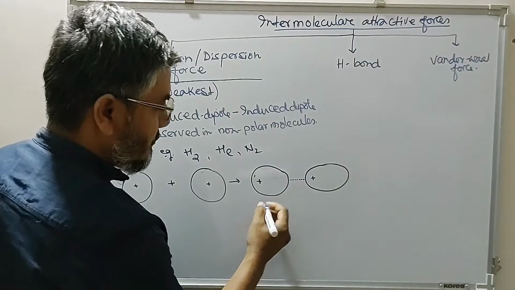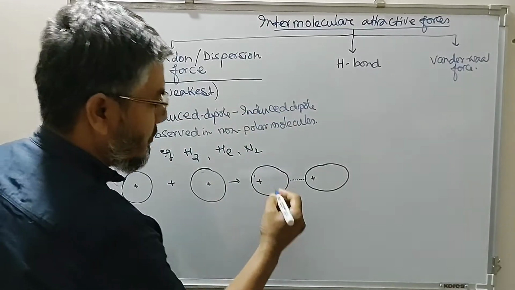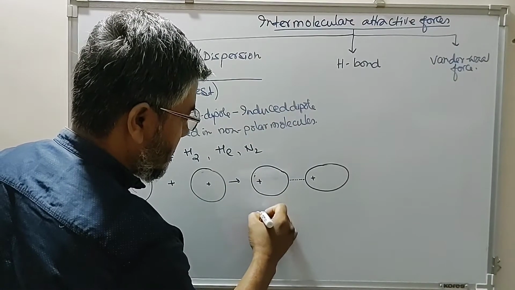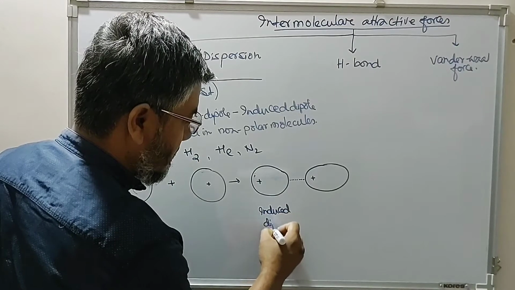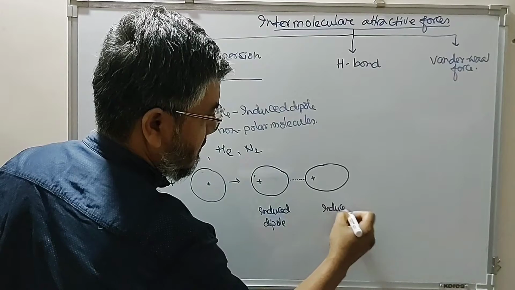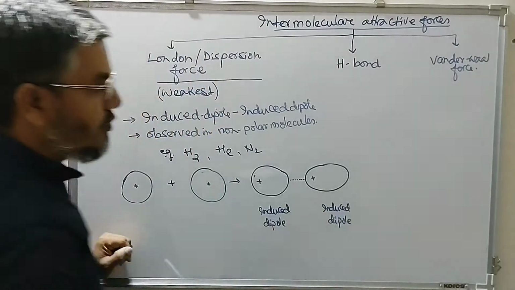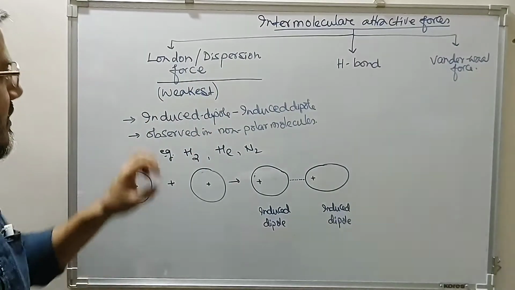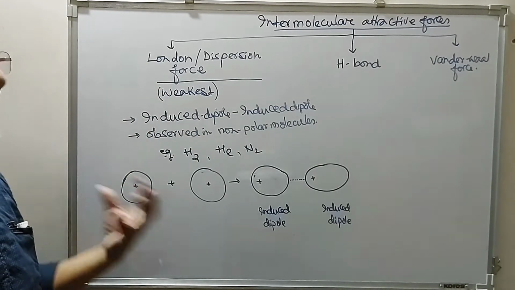This attractive force is known as induced dipole. So the induced dipole type interaction is known as London dispersion force, which is the weakest.